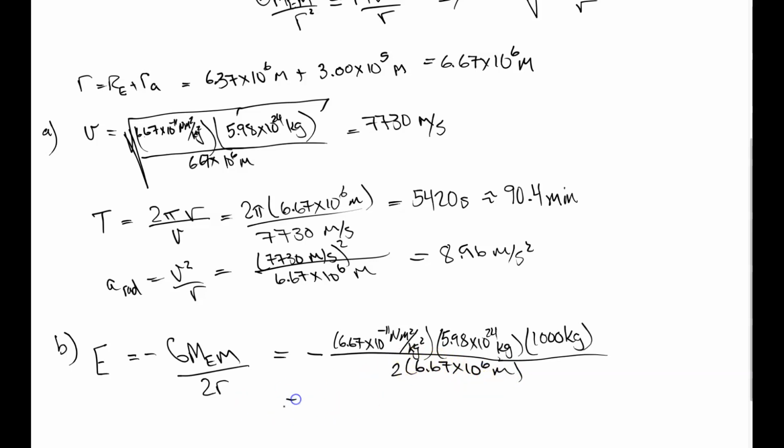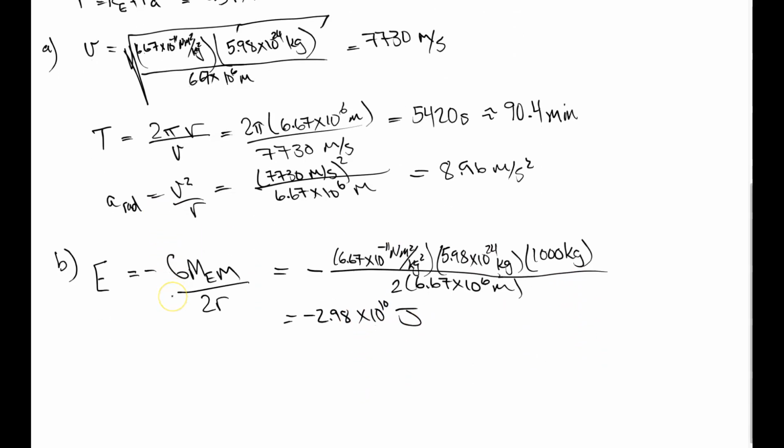And this gives us negative 2.98 times 10 to the 10th joules. And this is to get it to the final location is this far.